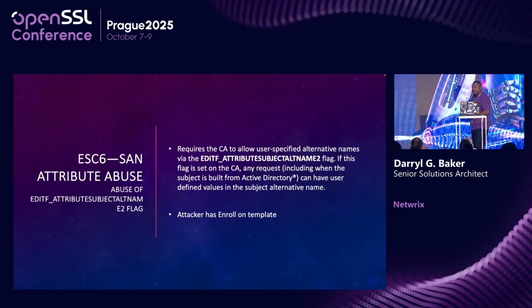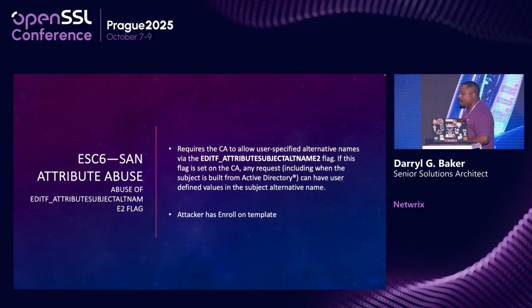So with ESC3, that was a template that had the ability to become a subordinate CA and then sign other certificates. With this one, this is on your certificate authority itself, and it's actually a property of the certificate authority that says that when this CA issues out certificates, the field for the SAN is capable of being edited. Now, it doesn't mean that everybody has the ability to. This isn't a Boolean field of like true, false.